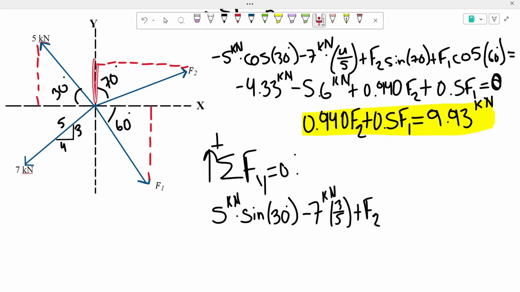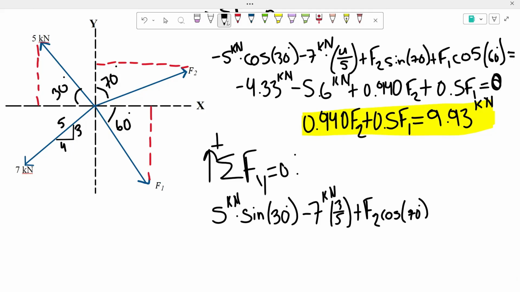With correspondence to this angle, this is the adjacent side, and we are also trying to find the hypotenuse side, which is why we're going to be using cosine, since cosine is adjacent over hypotenuse. So F2 cosine of 70.